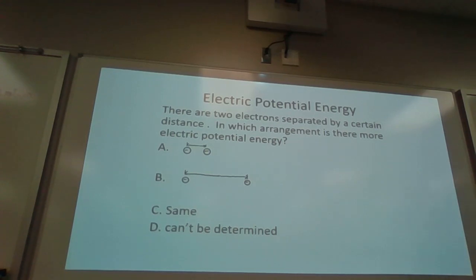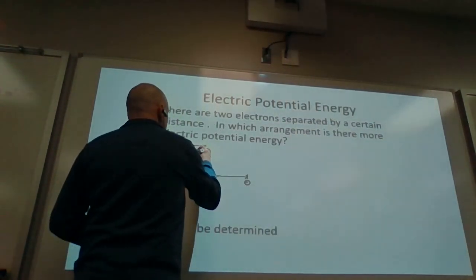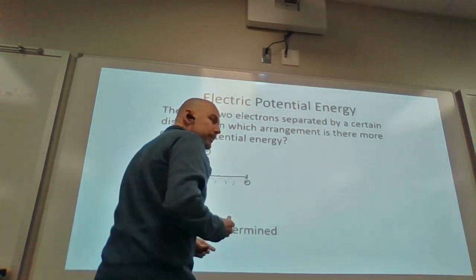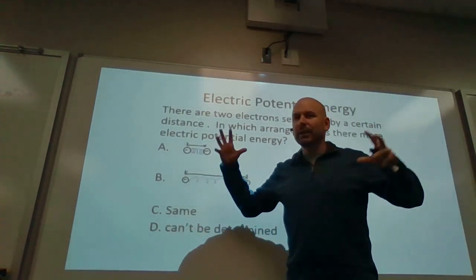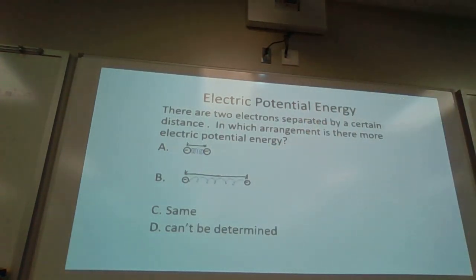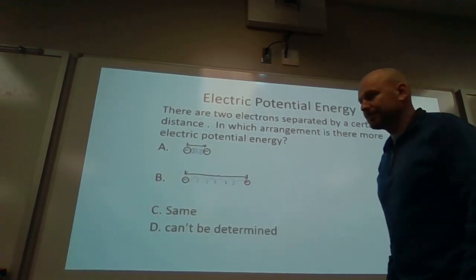All right, so one way you can look at this is pretend there's a compression spring between here. They don't want to be near each other. Here there's more energy, potential energy, because they want to get away from each other. Good with that? Okay.